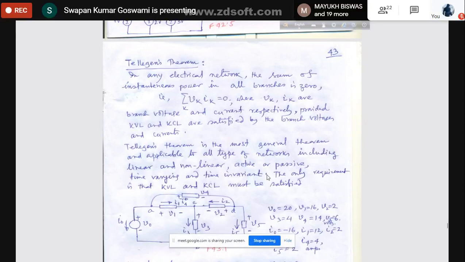This is the only theorem applicable to all types of branches and elements. The only condition to be satisfied is that currents must satisfy Kirchhoff's current law and voltages must satisfy Kirchhoff's voltage law. The only requirement is the satisfaction of KVL and KCL.